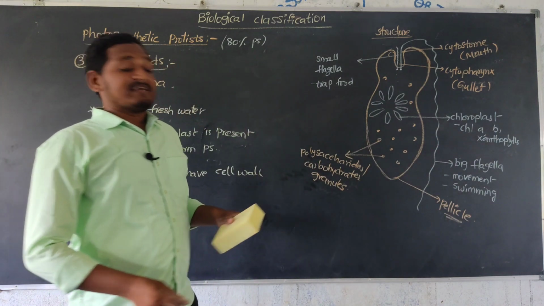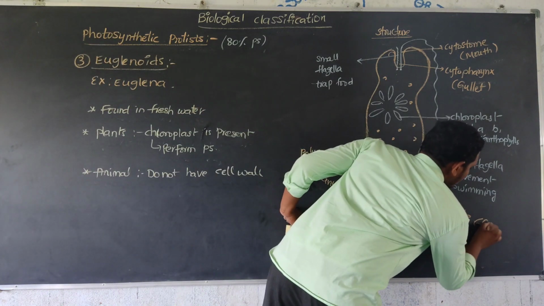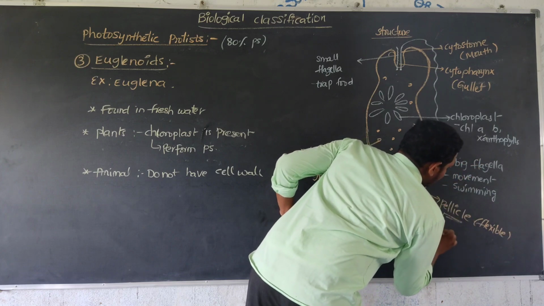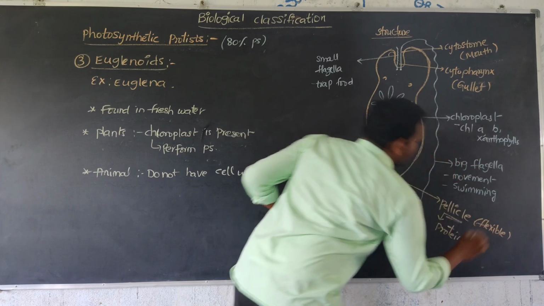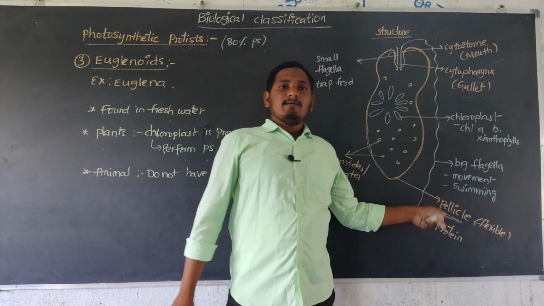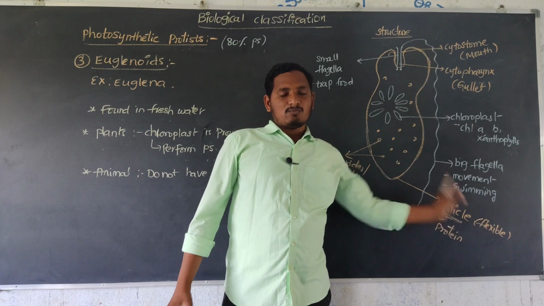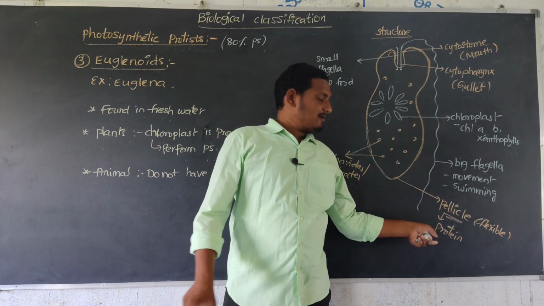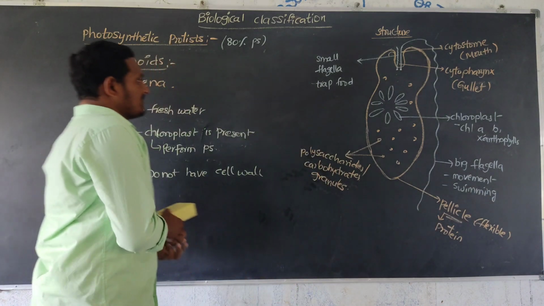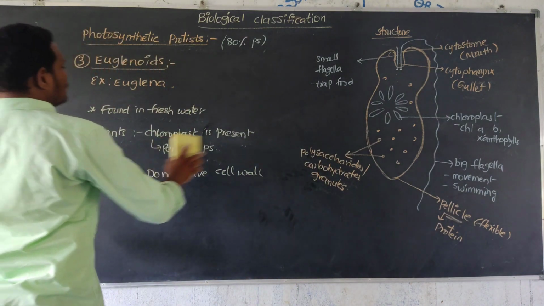Pellicle is a flexible layer, and it is mainly protein. So the Euglena body is covered with the pellicle layer. The pellicle layer is flexible, giving the body flexibility, and it is made up of protein.